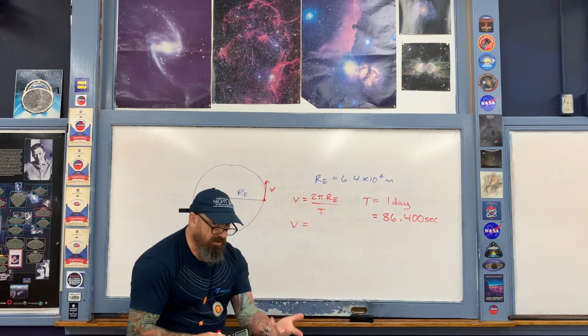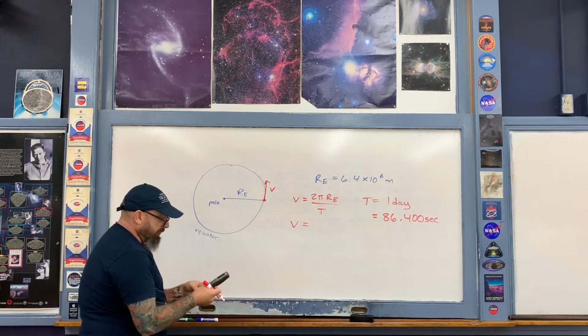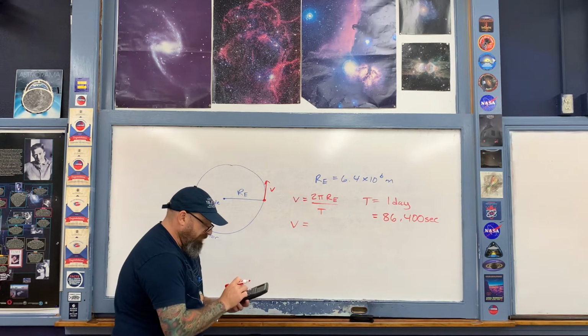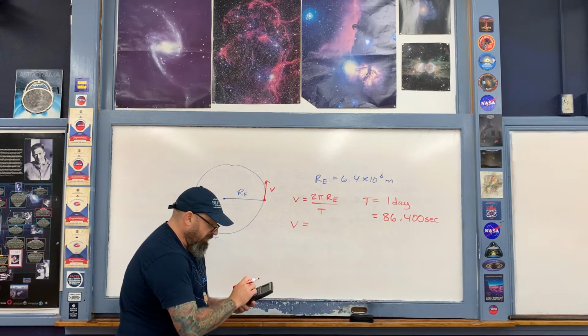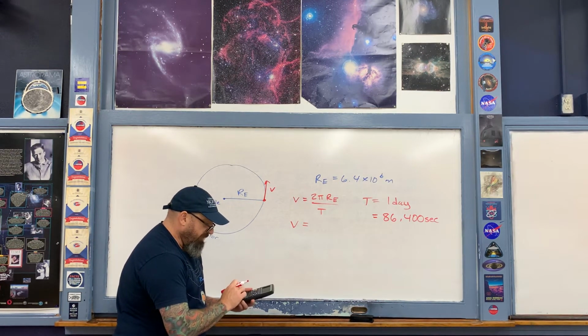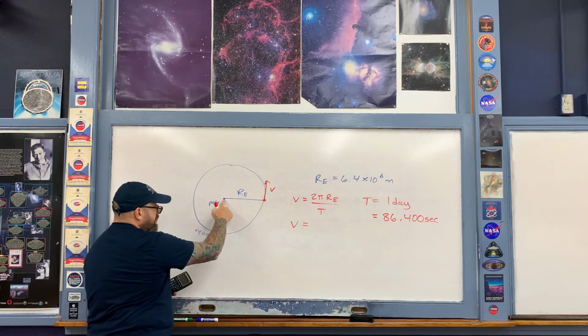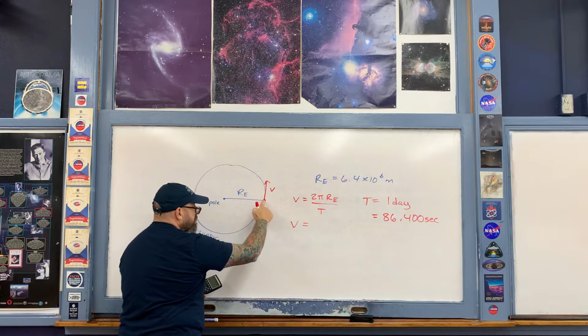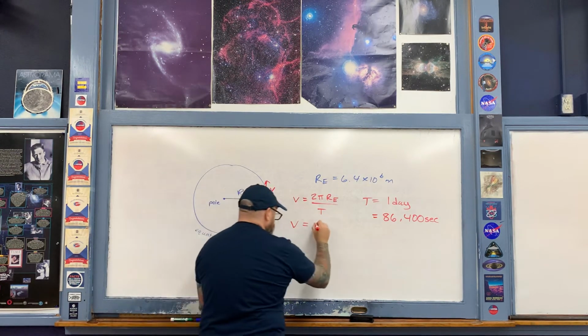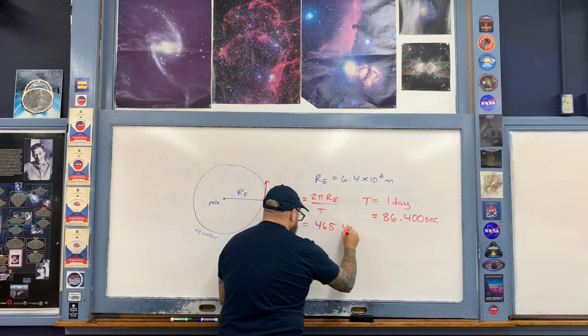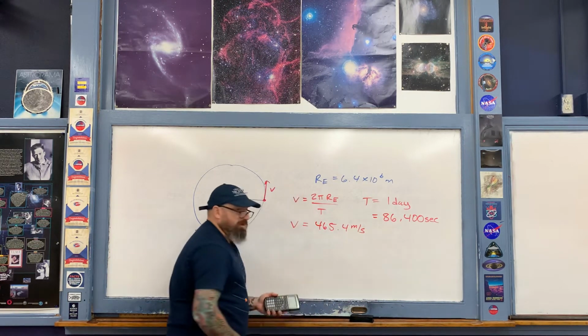This is at the Earth's equator, just to keep the geometry simple. We now have 2 times pi times the radius of the Earth, punch that in, and then divide by 1 day, written in terms of seconds. And then with respect to the axis of rotation, the linear speed of a point on the surface of the Earth at the equator is equal to about 465.4 meters per second.